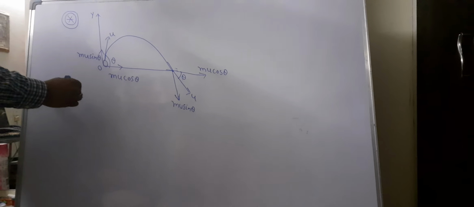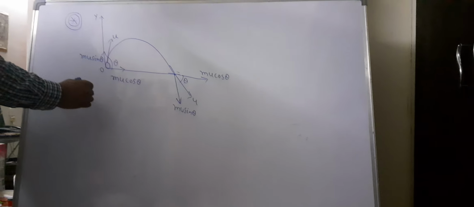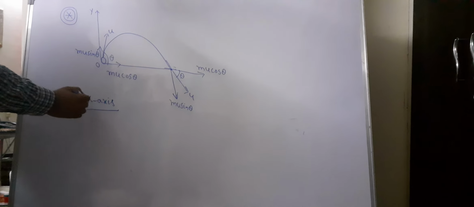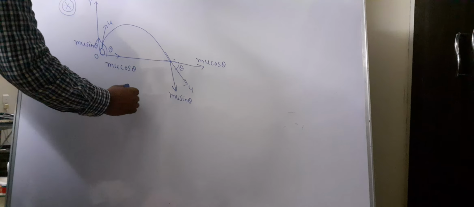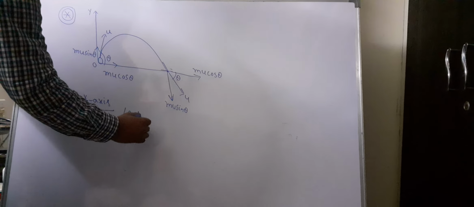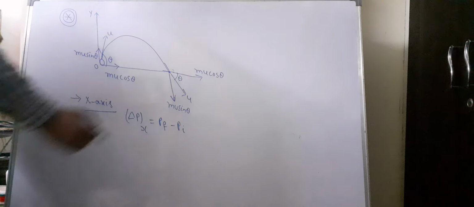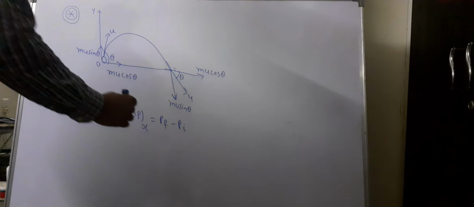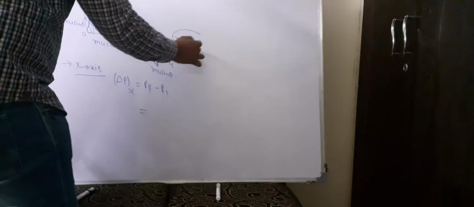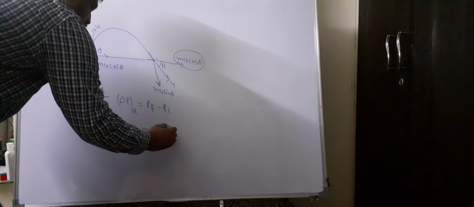In this situation, what is the question? Change in momentum. First, I take along the x-axis. Change in momentum along the x-axis is final momentum minus initial momentum. The final momentum along the x-axis is mu cos theta.